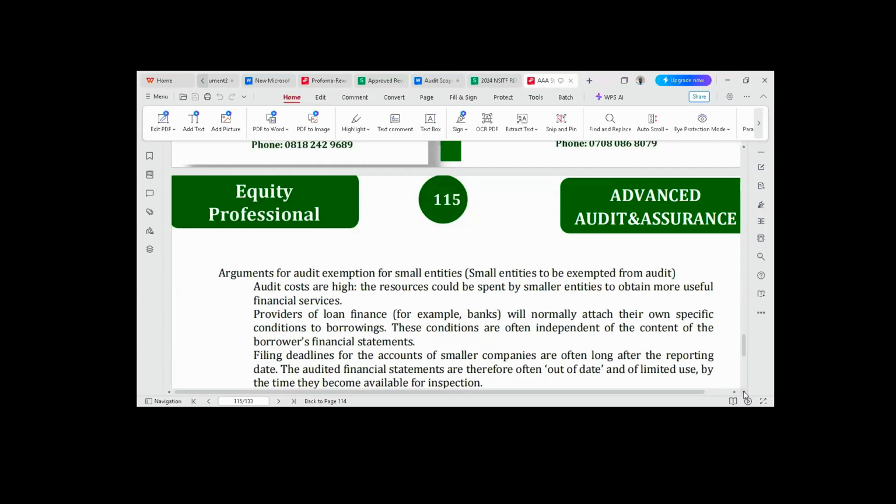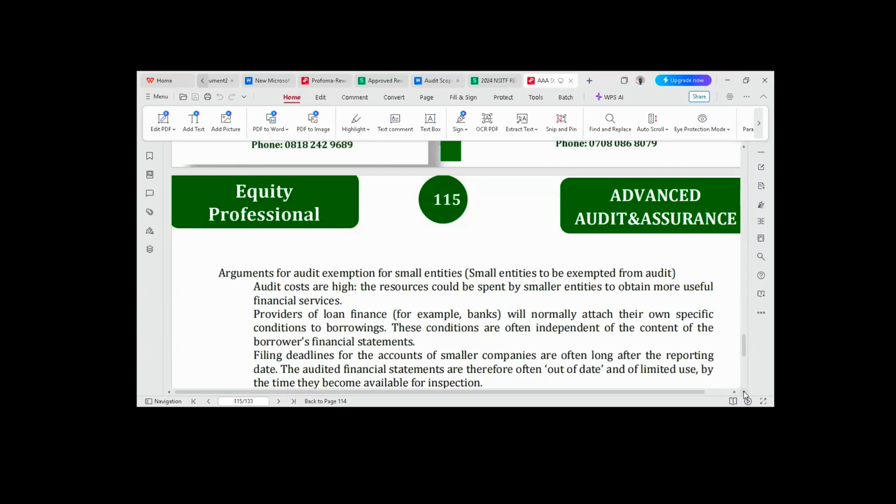Number three, filing deadlines for the accounts of smaller entities are often too long after the reporting date. The reason is that, in Nigeria, by next month will be the final month they're expected to present the financial statement for the previous year.